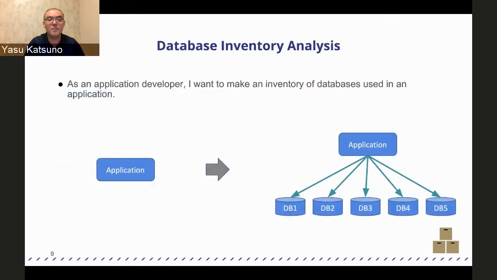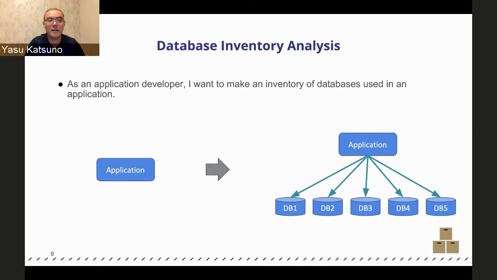First is data inventory analysis. The left side is the input application code. DiVA can extract what database tables are used in the target application. In this case, DB1, 2, 3, 4, 5: five database tables are used in the application. How can Tackle-DiVA extract that?